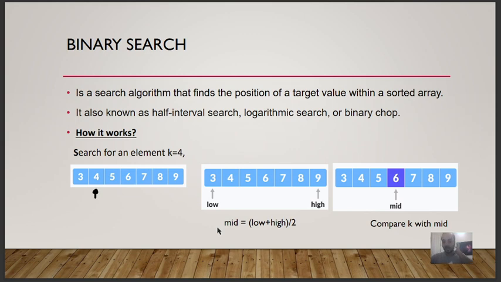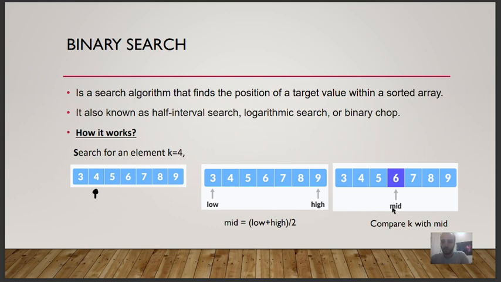At first, we have low and high indices, which initially will be the first item in our list, which is low, and the last element in our list, which is high.